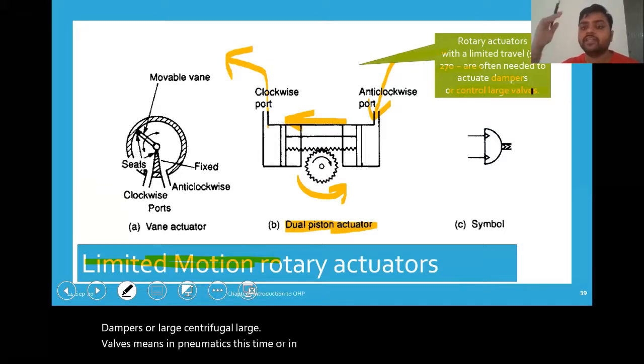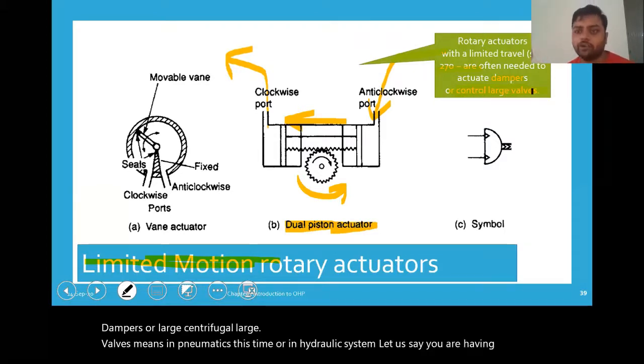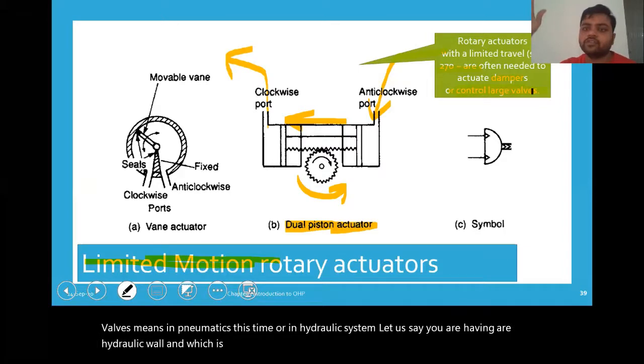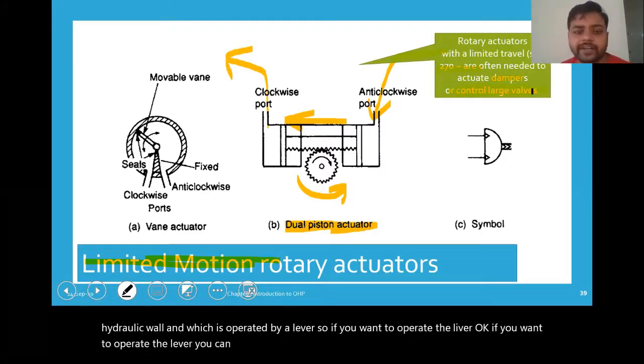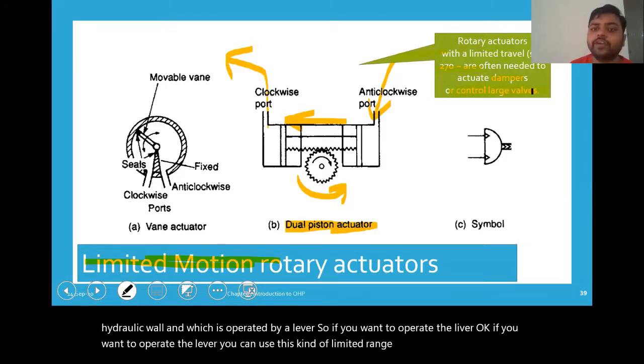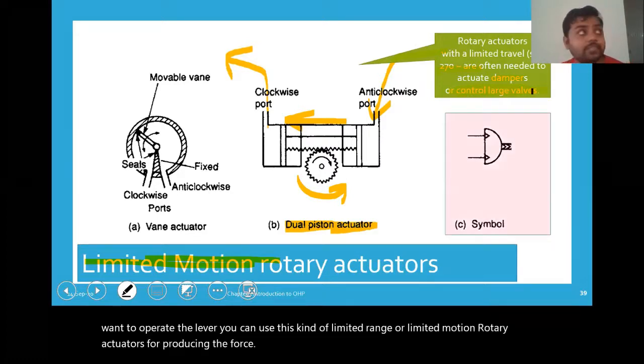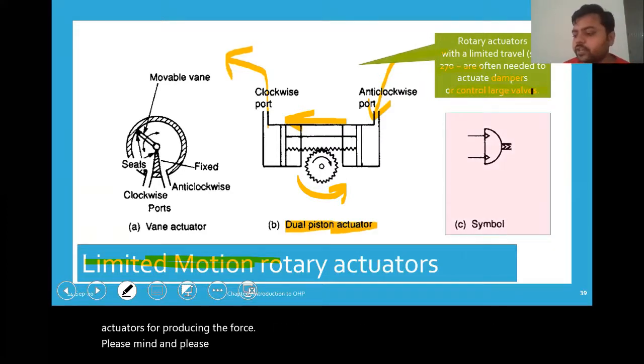Let us say you have a hydraulic valve which is operated by a lever. If you want to operate the lever, you can use this kind of limited range rotary actuator for producing the force. Please draw the symbol being used for it.